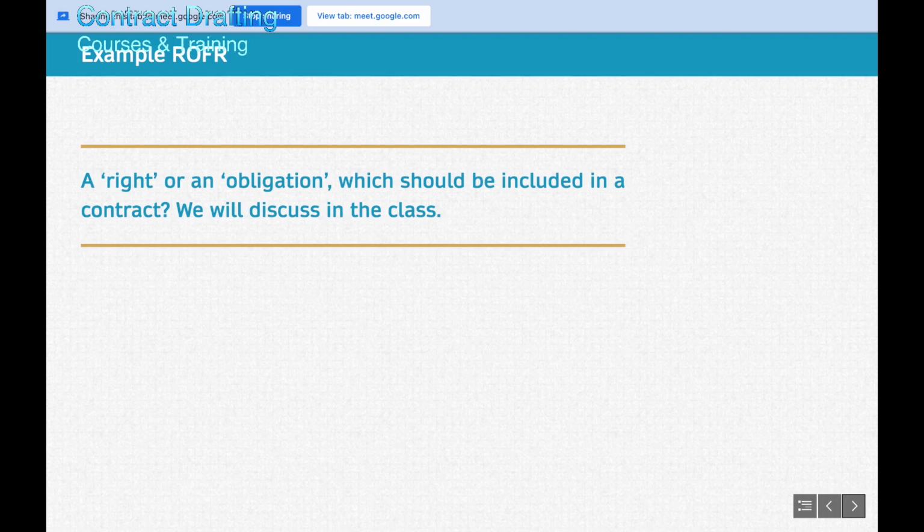Without waiting for your answers, it will be in the form of an obligation because you are restricting someone from exercising a right in a particular manner. That's why you have to have this kind of restriction in the form of an obligation. So, you will say that the licensee shall exercise the license for the trademark with respect to XYZ goods only in ABC territory and no other.